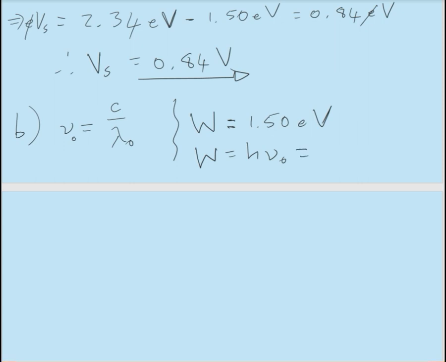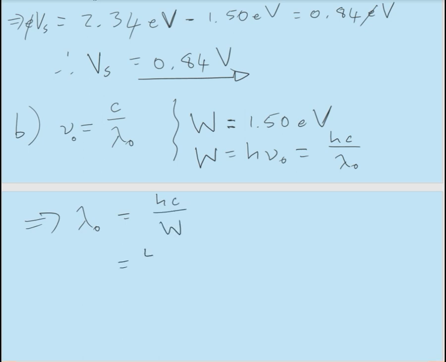And with some manipulation here, it's just hc over lambda subscript 0. And then a little bit of algebra, because we want to make lambda 0 the subject of the formula here, which is just hc over W. And then we just plug it in.